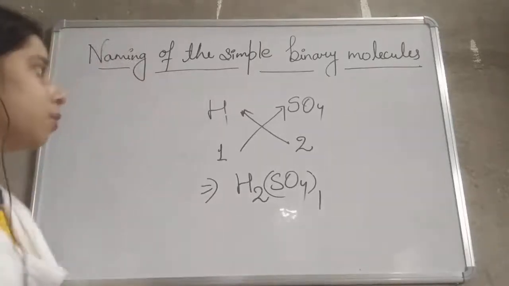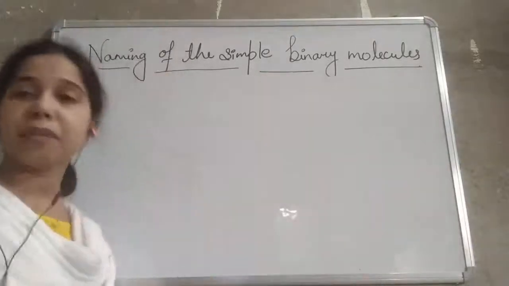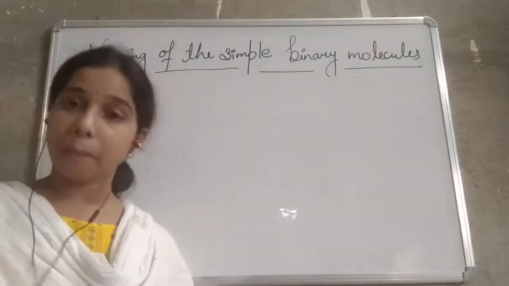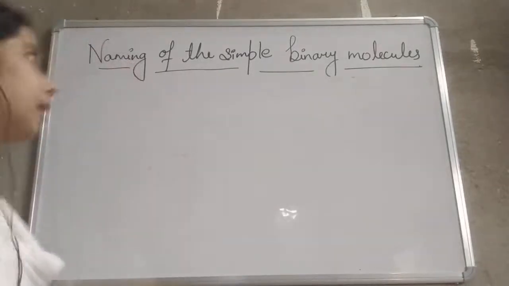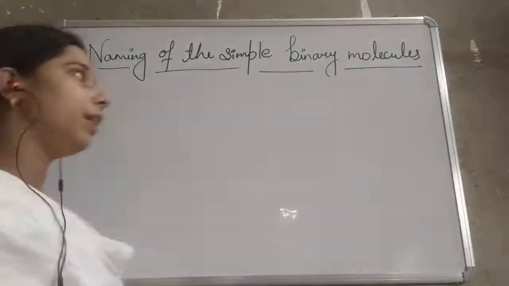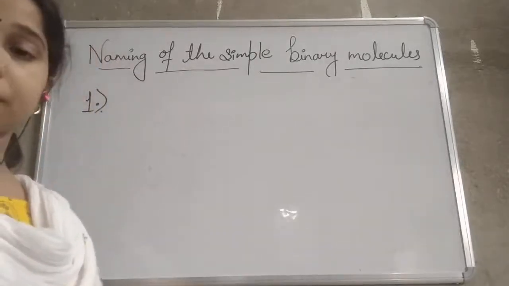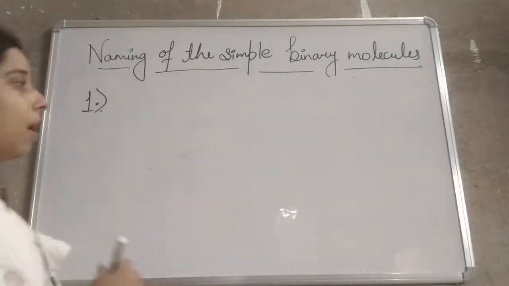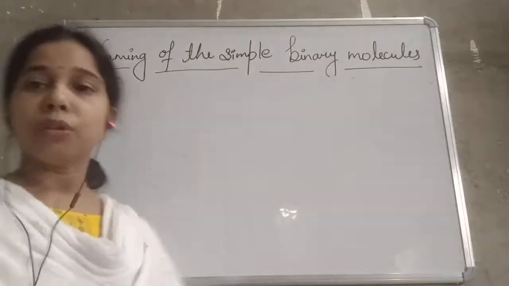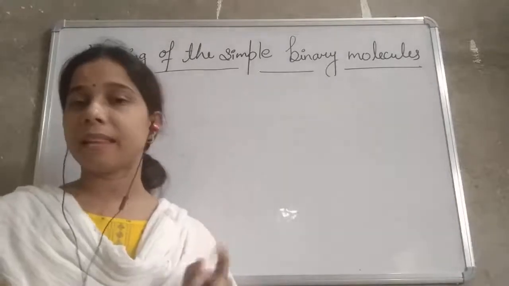So for that, students, there are some rules which we have to follow so that we can do the naming of a molecular compound. The first thing for a simple binary molecular compound is that, suppose a compound is there and two elements are present in it: a first element and a second element.